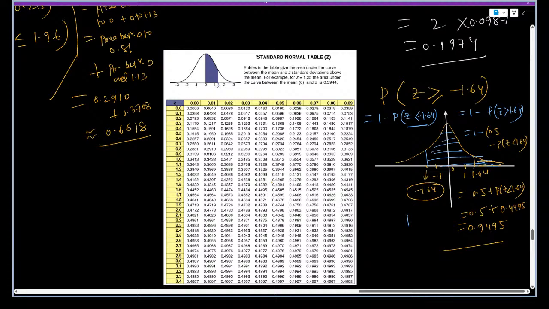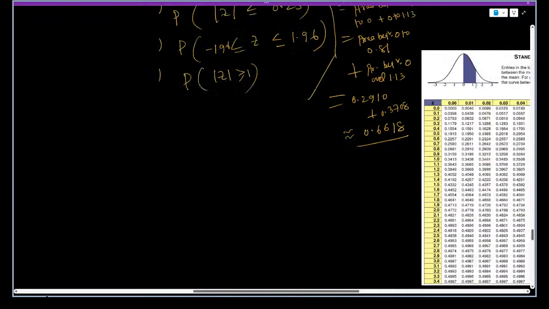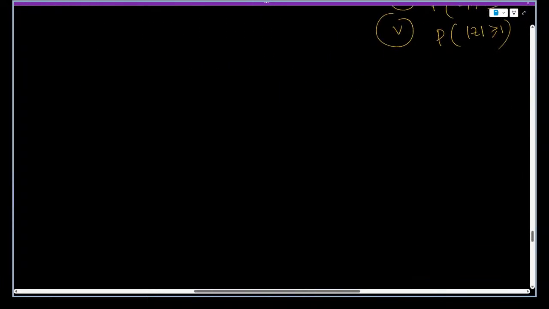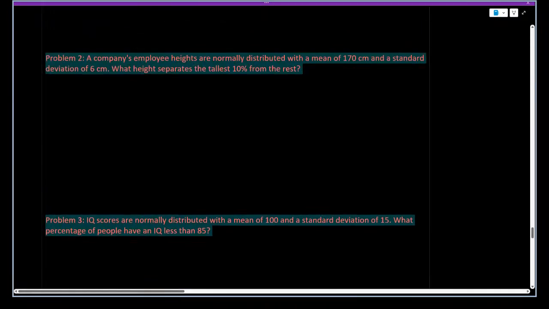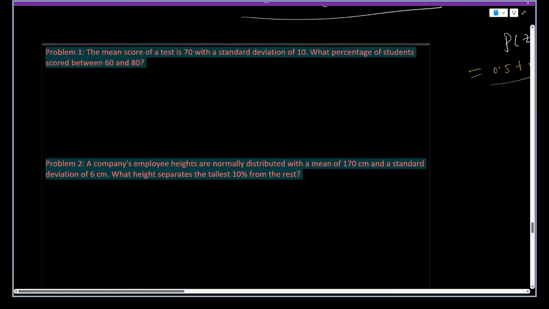So now let us solve some practical problems on it. We are going to discuss some practical problems because this is a very practical topic. I told you normal distribution is, I can't say that it is more important than binomial or Poisson. They have different uses.